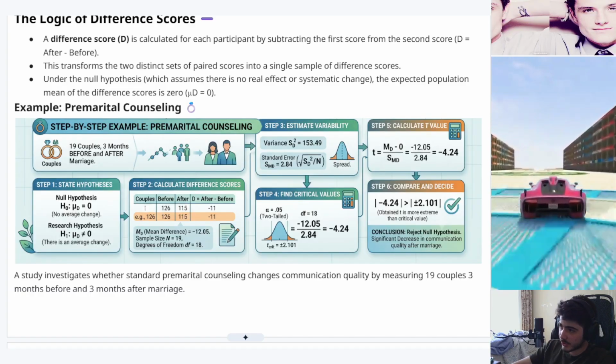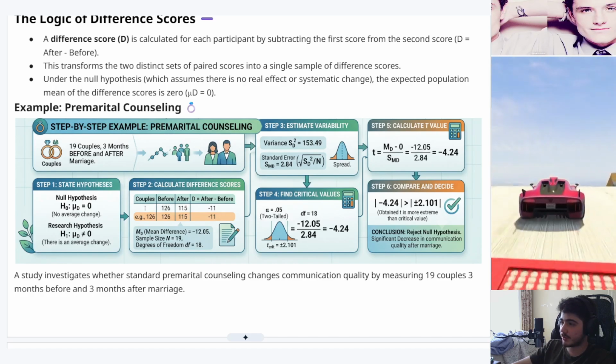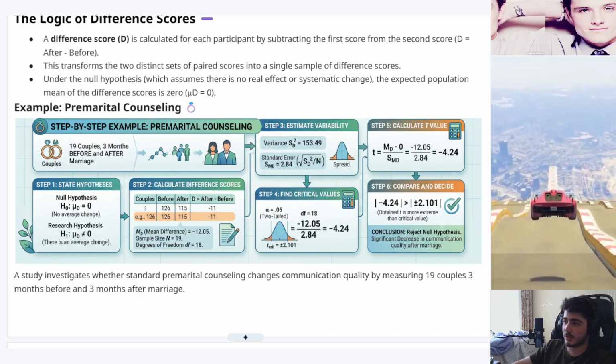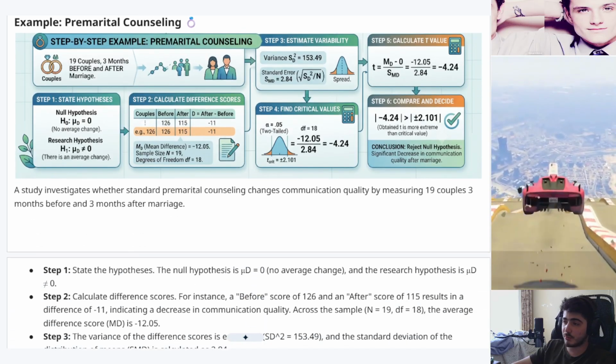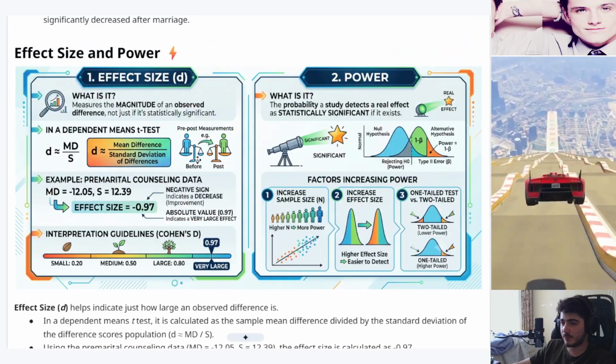And then we get minus 12.05 divided by 2.84. And that apparently equals minus 4, which is an amazing result. You can reject any day.